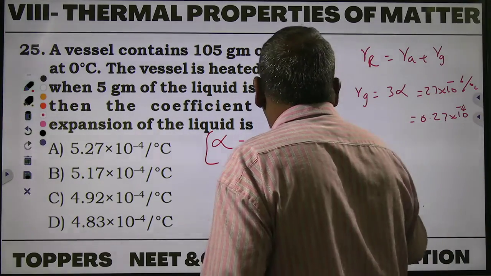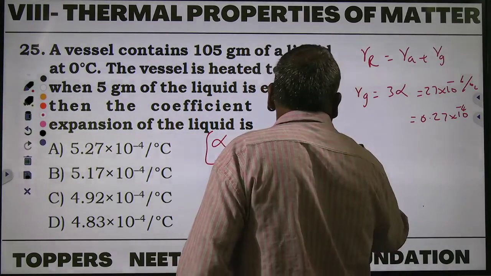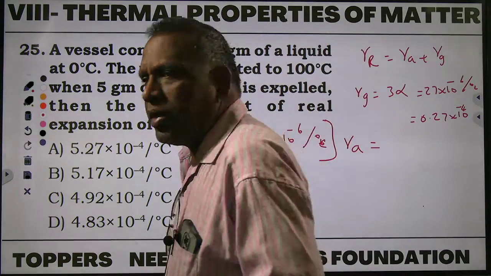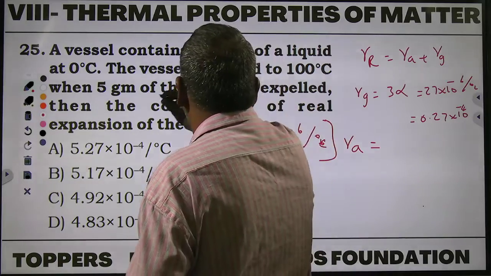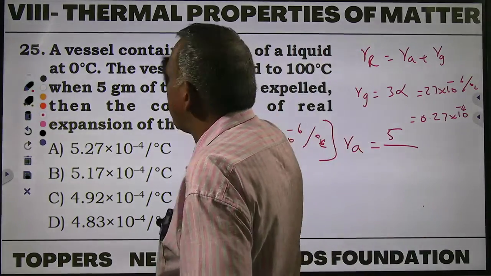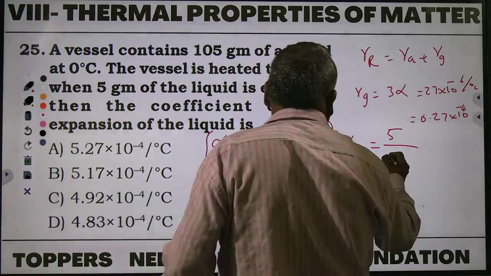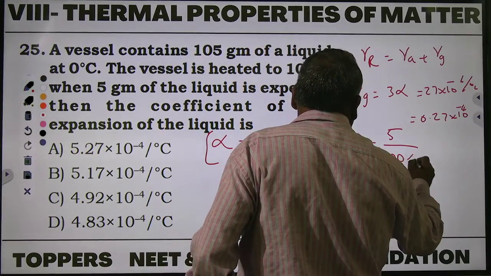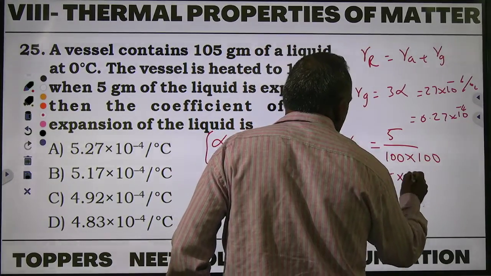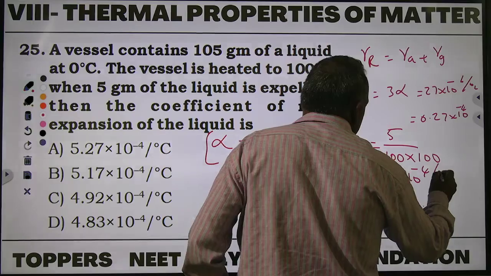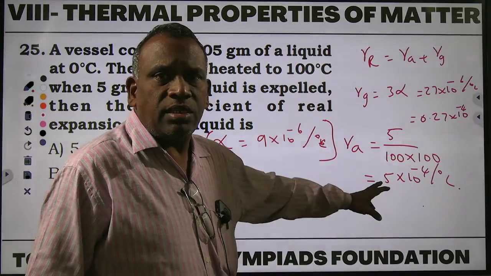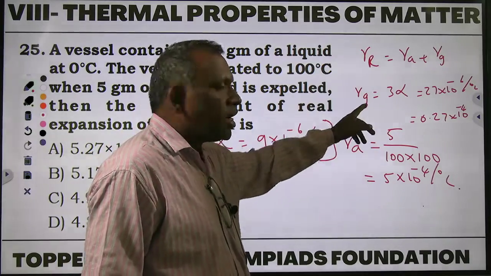So here gamma A can be found out. Apparent expansion is the mass of liquid expelled, 5 grams, upon the original mass of the liquid, 105 minus 5, that is 100, times the change in temperature, that is again 100. You are going to get 5 into 10 power minus 4 per degree centigrade. Gamma A is apparent expansion, gamma G is container expansion.